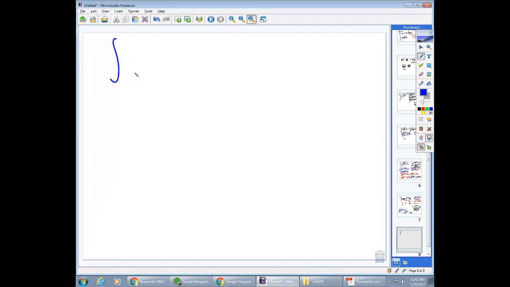The integral of 1 over the square root of x times e to the negative square root of x times the secant squared of e to the square root of x plus 1. I think I copied that right.